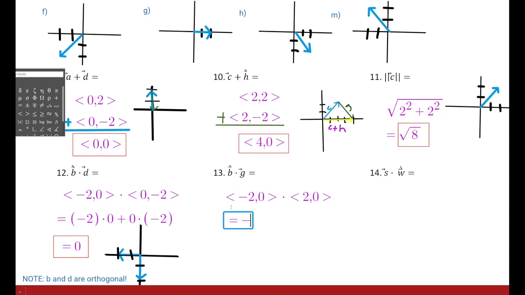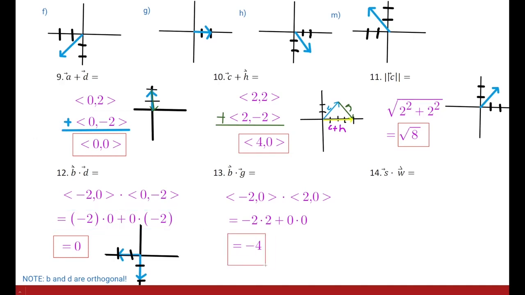We're going to multiply the corresponding components and add them together. So -2 times 2 plus 0 times 0. -2 times 2 is -4, and 0 times 0 is obviously 0. So -4 plus 0 is just -4. That is going to be the value of the dot product.